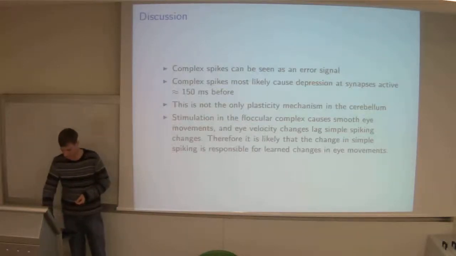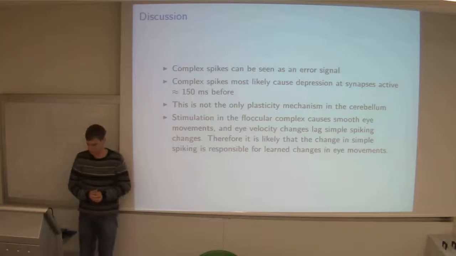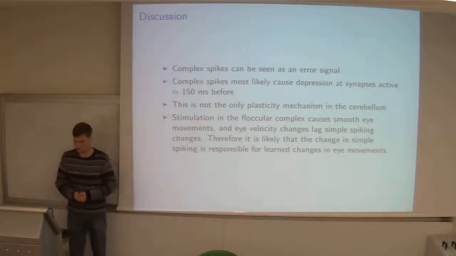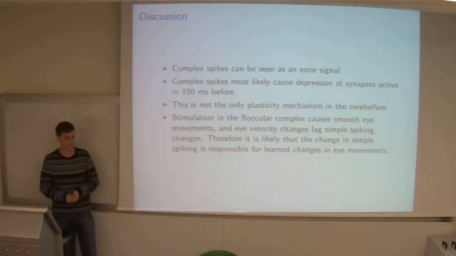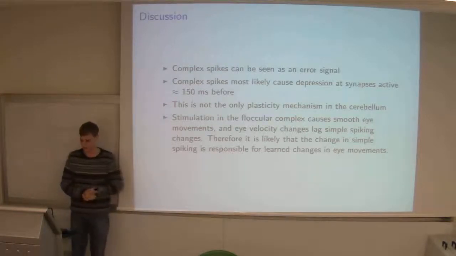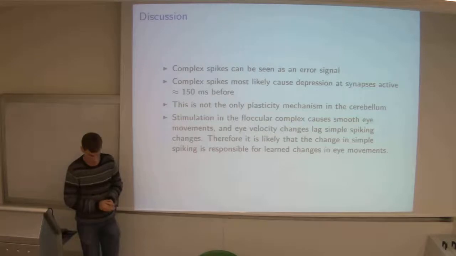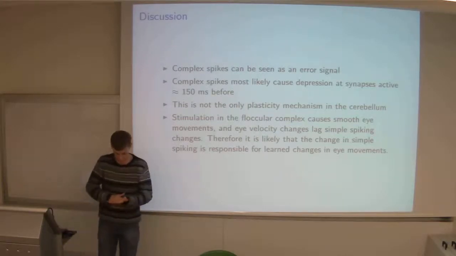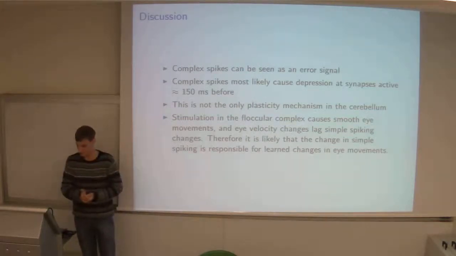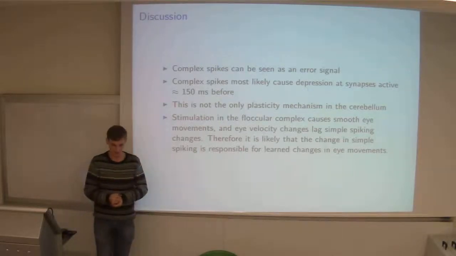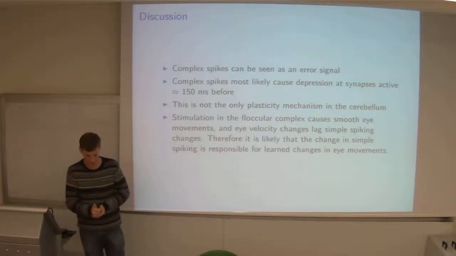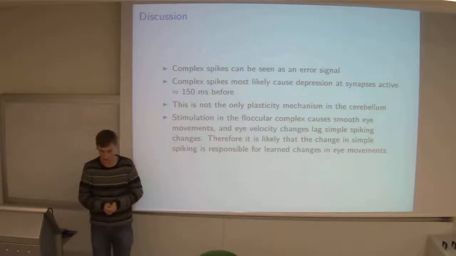There are some things that can be discussed. So complex spikes can be seen as an error signal. I think there's not much to say about it. From other experiments, it seemed already clear that complex spikes cause depression at synapses that were active around 150 milliseconds before the complex spike.